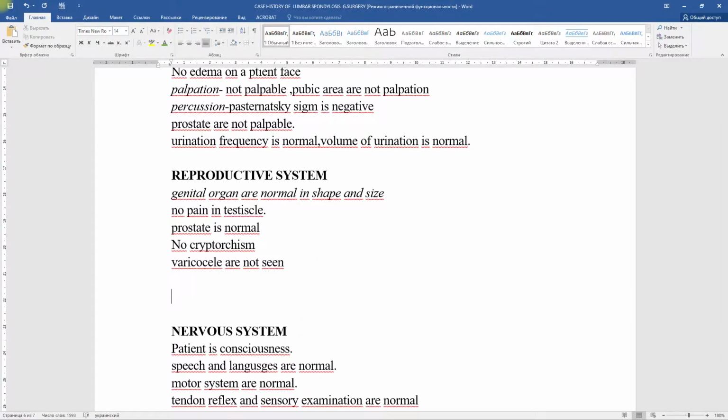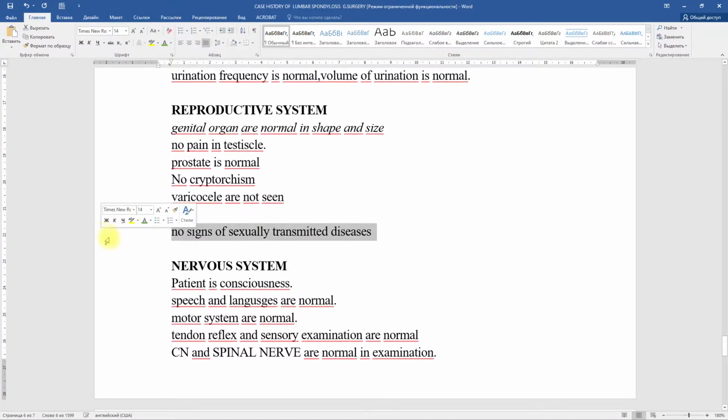Over here you also have to point out that there are no signs of sexually transmitted diseases.